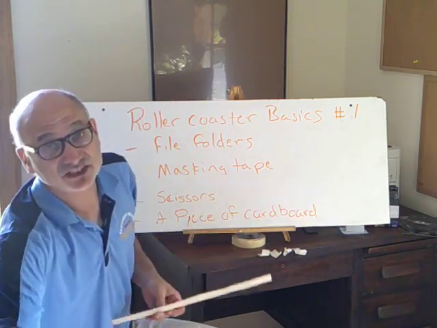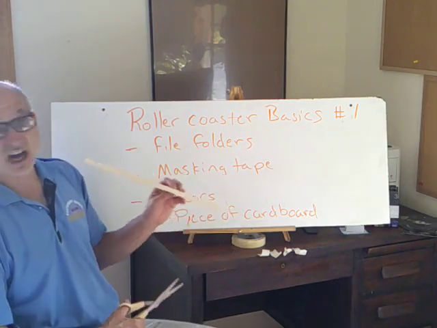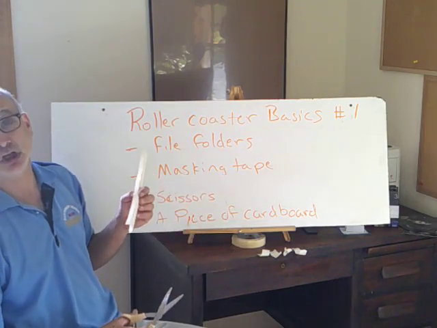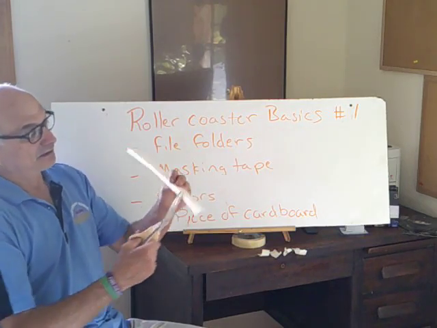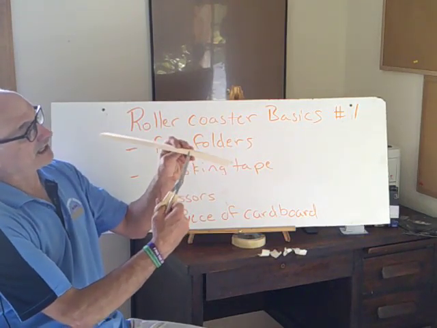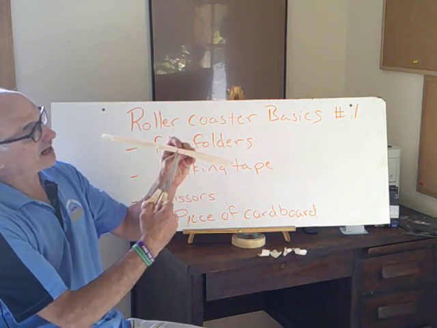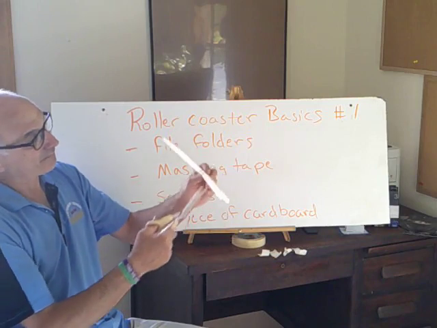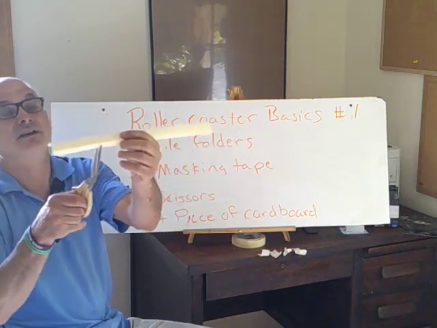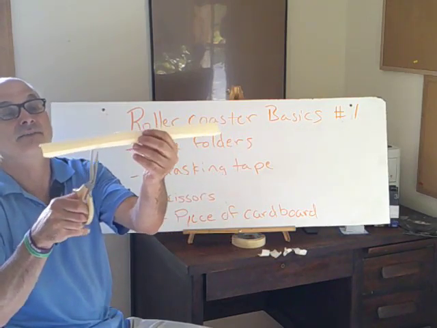Now, just to give you a little hint, here's up and down. So say I want to make a hill. So I want it to go down and back up again. So if I take, and notice I'm not cutting all the way through the track, I'm just cutting the rail. So I'm going to cut the rail here.